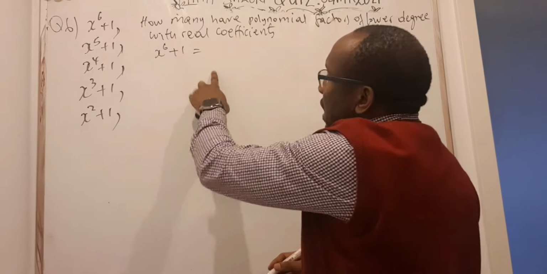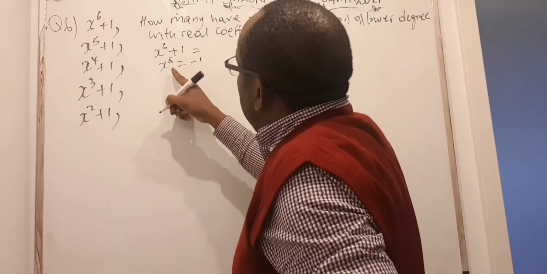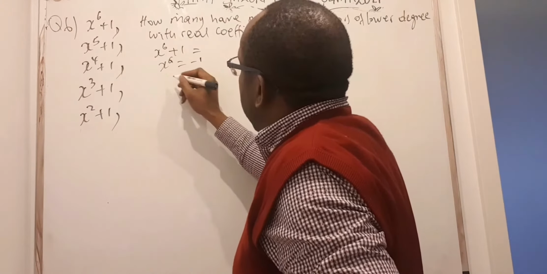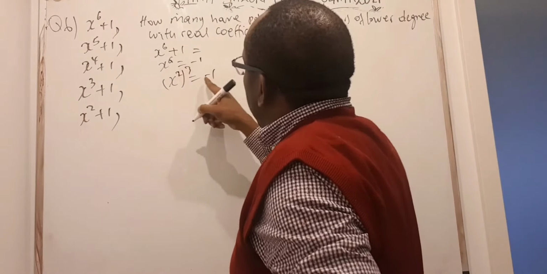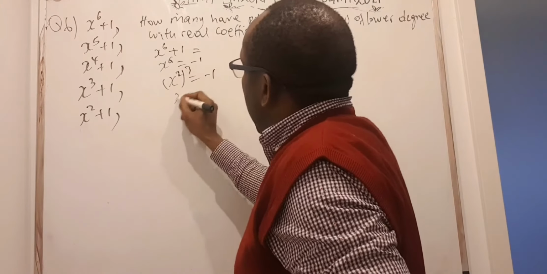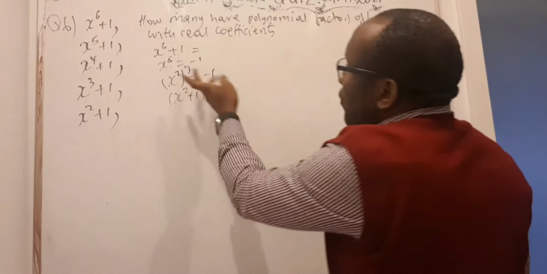If x to the 6 is equal to minus 1, then I should be able to get x squared to the power 3 is equal to minus 1, and the cube root of minus 1 is minus 1. So x squared plus 1 is a factor there. So I already have one factor for that one.